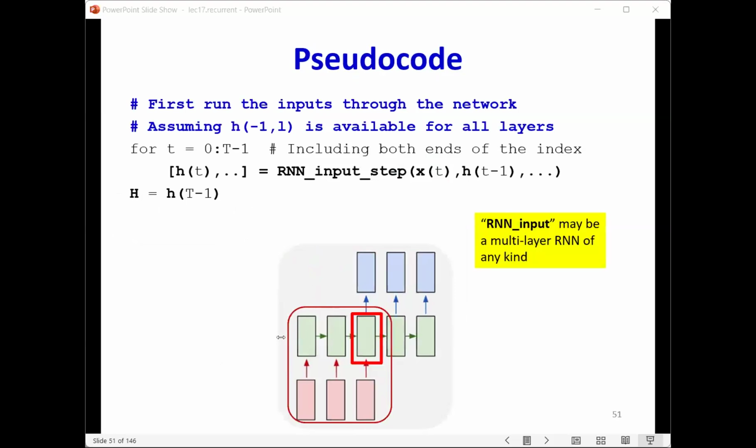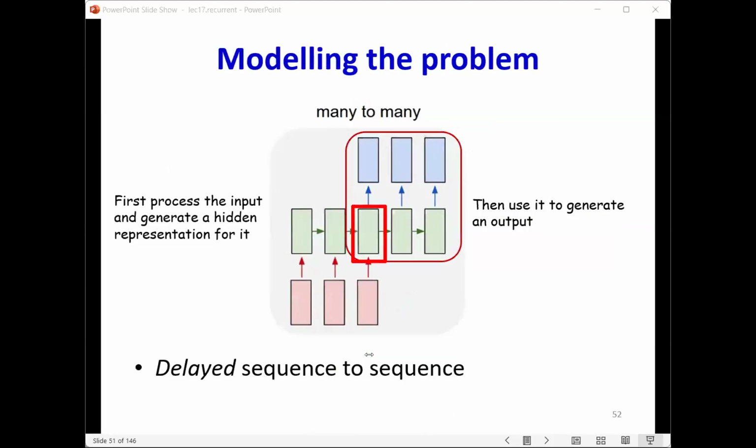Just this one. You're going through time. At each time, you're taking in the current input and the previous hidden state to generate the next hidden state. And the hidden state after the final input is the key bit. Once that is computed, then you can use that to generate outputs.